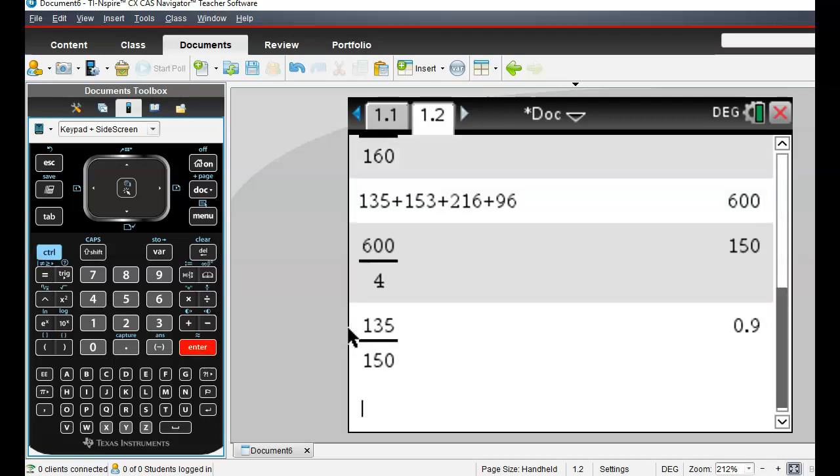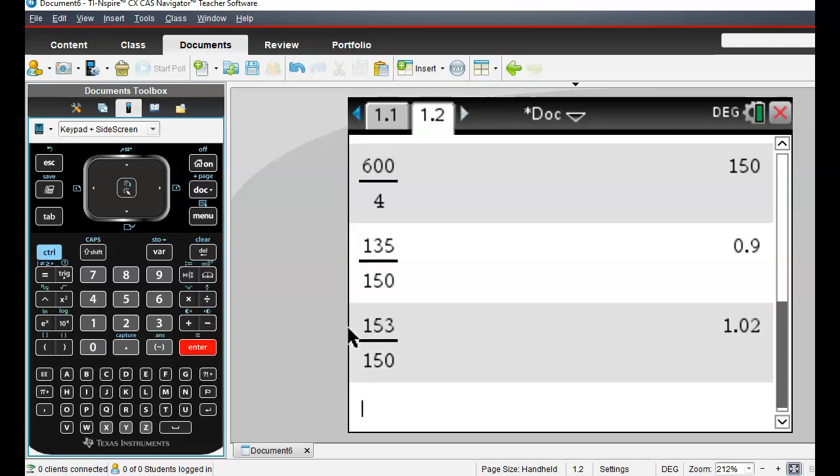So, 0.9. So then 153 divided by 150, it's a decimal, 1.02. We've done winter.